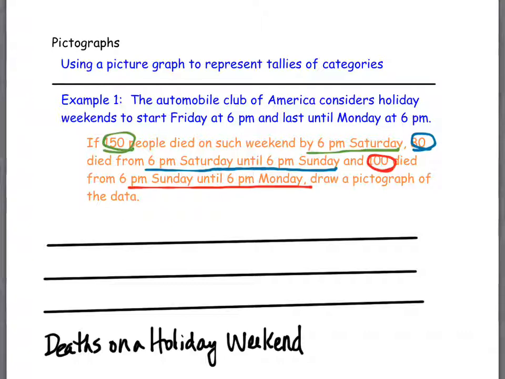I'm going to write on top of each of the 3 lines the 3 different time frames. The first one would be, I'm sorry, Friday to Saturday, wasn't it? Let's write that again. Friday to Saturday. Saturday to Sunday. And then Sunday to Monday.